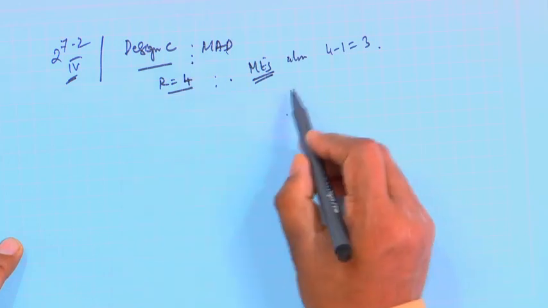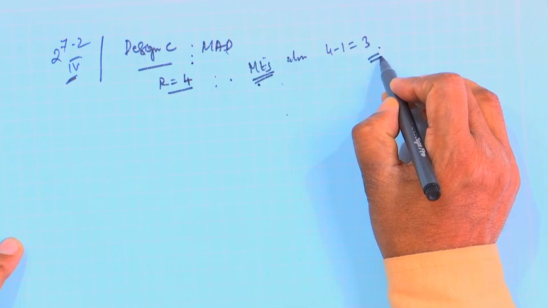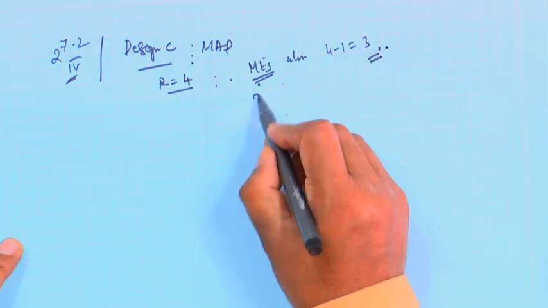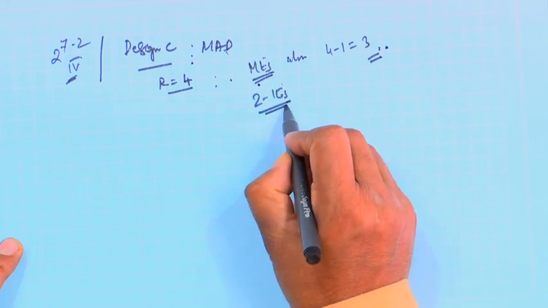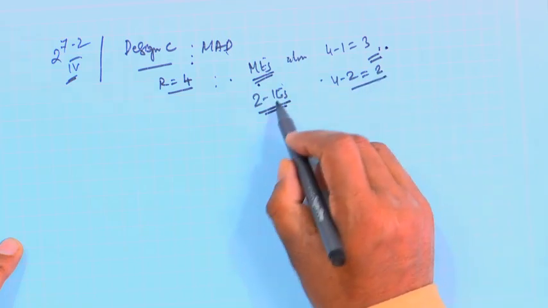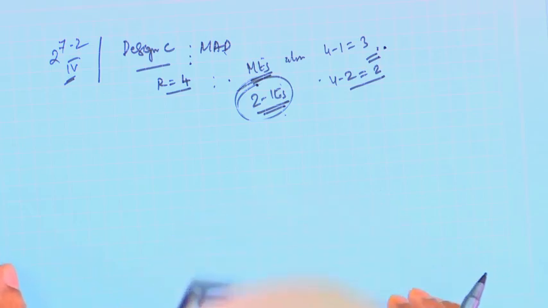In this case the minimum number of main effects will be aliased with third order interactions. Similarly, for the second order interactions, it is R minus 2, that means second order interaction. So a minimum number of second order interactions are aliased with another second order interaction. So that is known as minimum aberration design and it is very, very important.